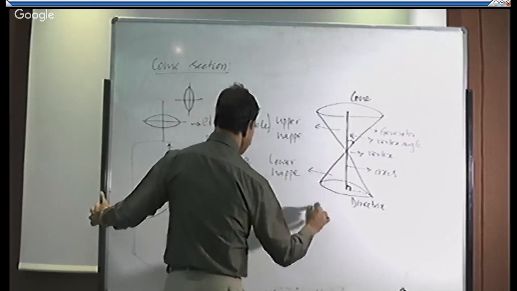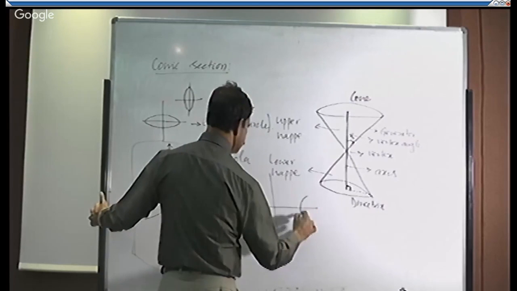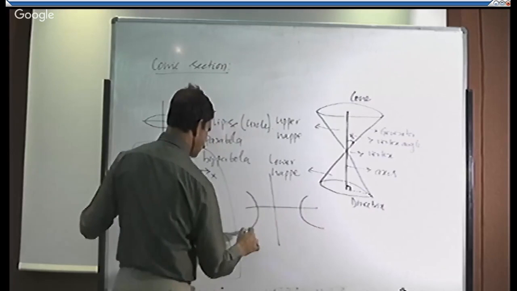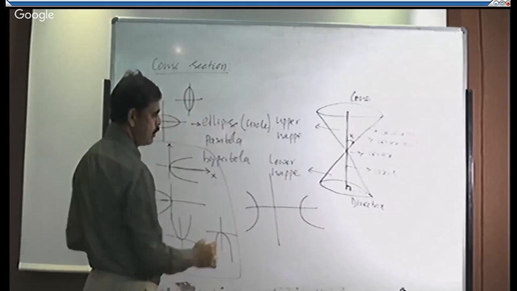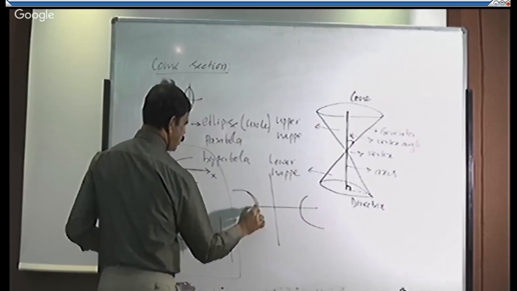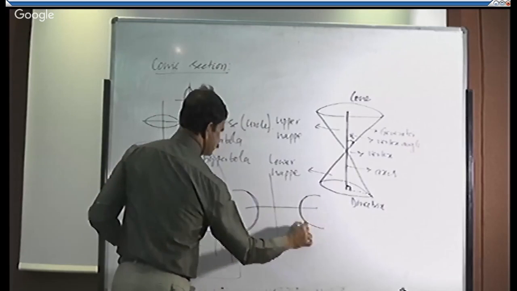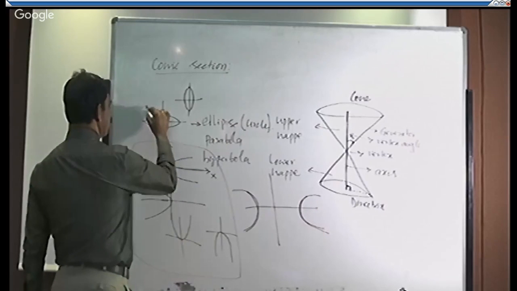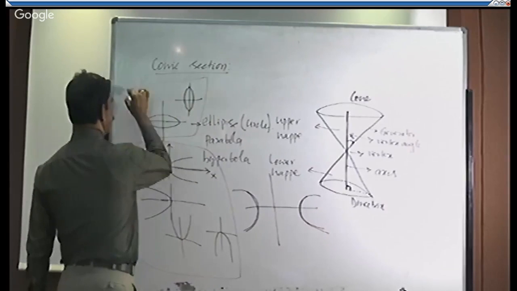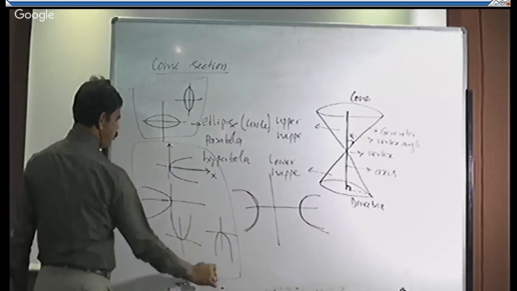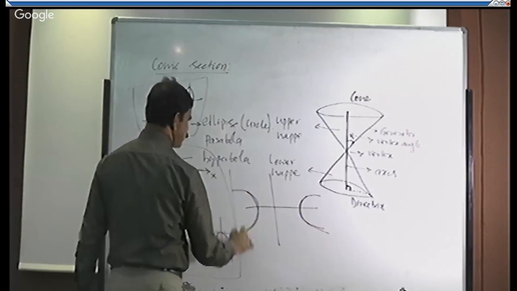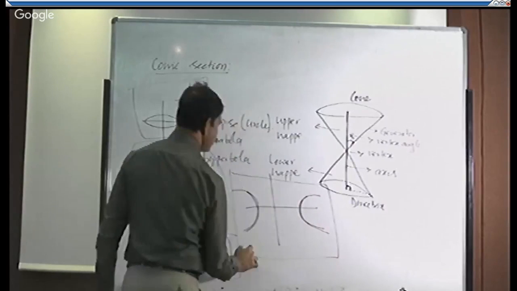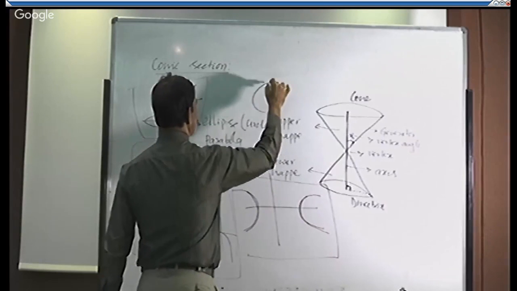Hyperbola is like this. Hyperbola is this one. Okay. This is the ellipse. This is what? Parabola. And this is hyperbola. As we know, the circle.